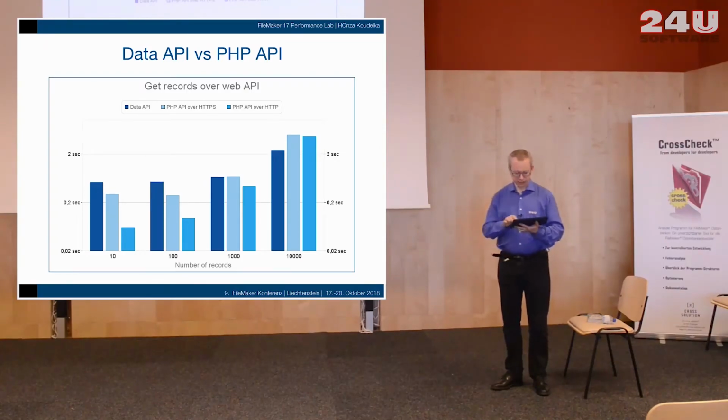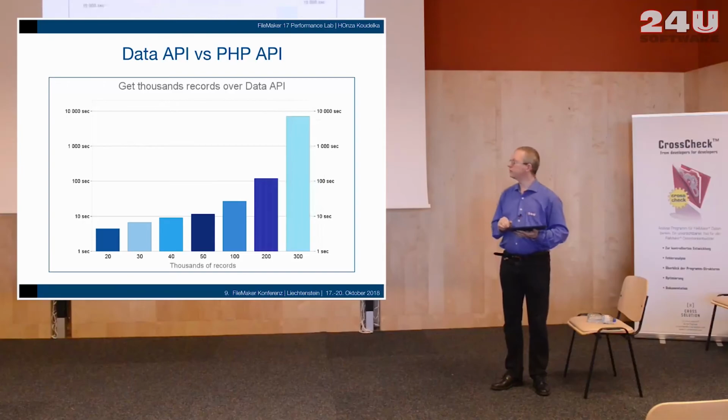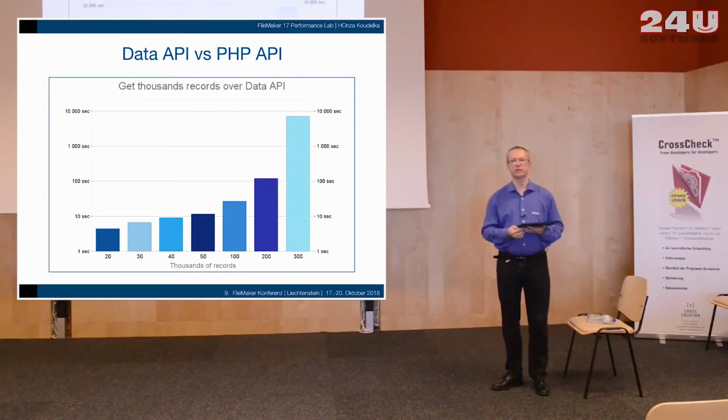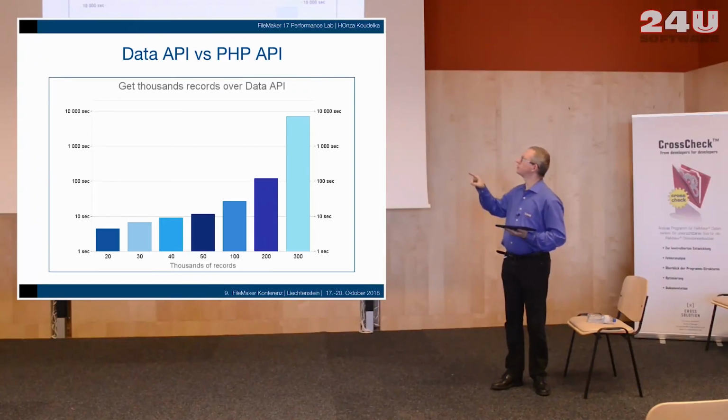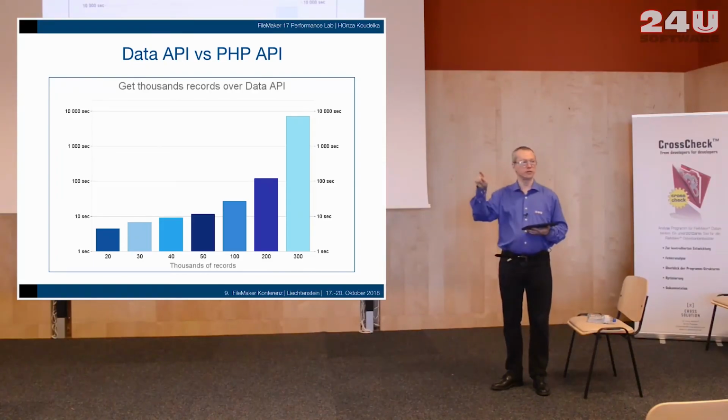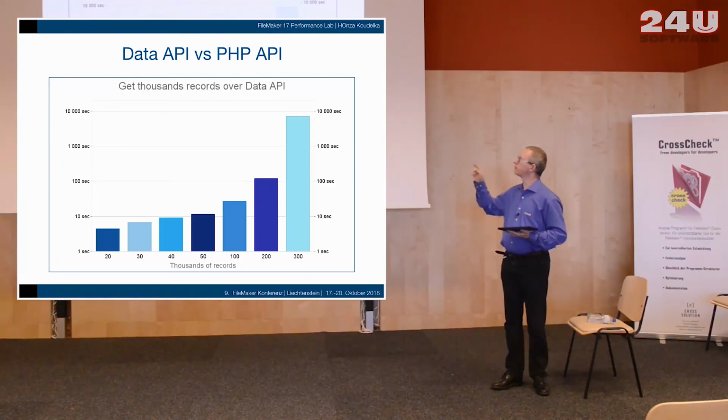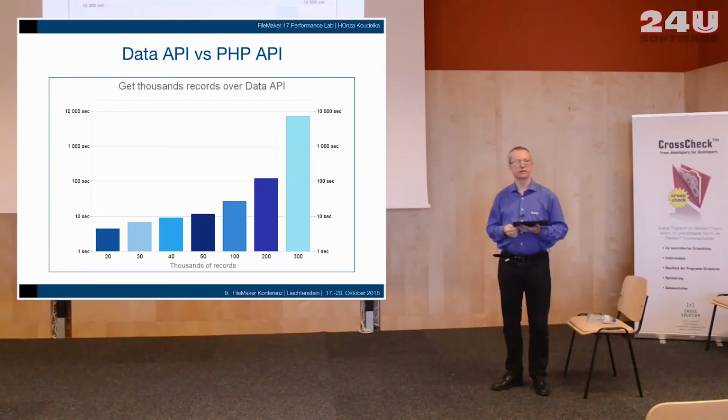But the most interesting thing is when you want to get more than 10,000 records in a single call. Again, the PHP API fails completely. With the Data API, it still works, and as you can see, it's quite fast. You can get 50,000 records on that old Mac Pro within about 10 seconds.